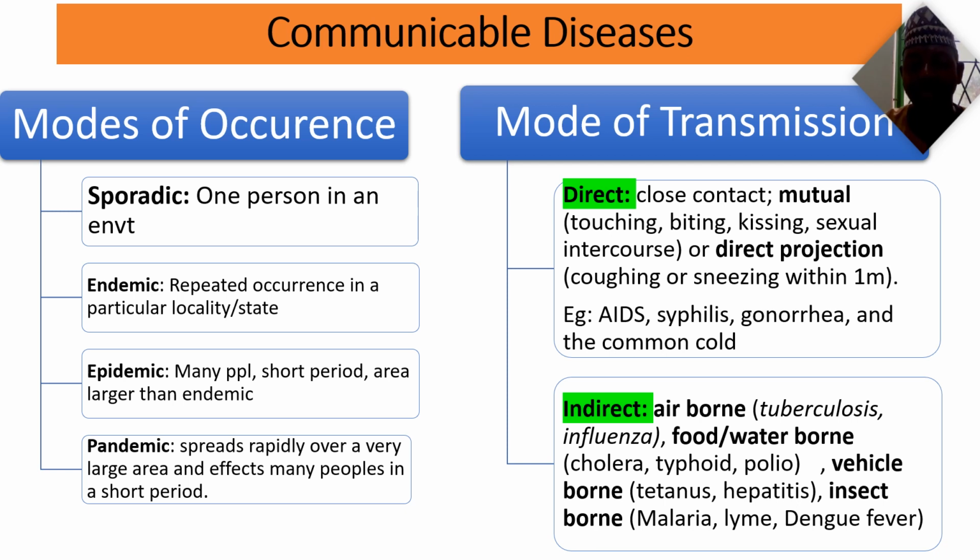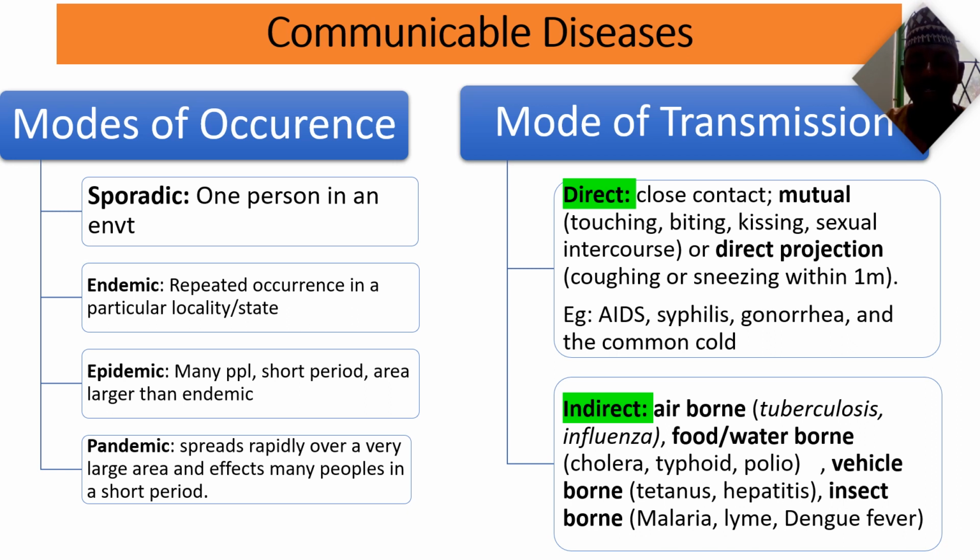Indirect transmission involves acquiring the pathogen from the environment, not due to close contact with the infected person. That means the pathogen is from the environment. There is no close contact, no mutual contact or direct projection from an infected person to another person.